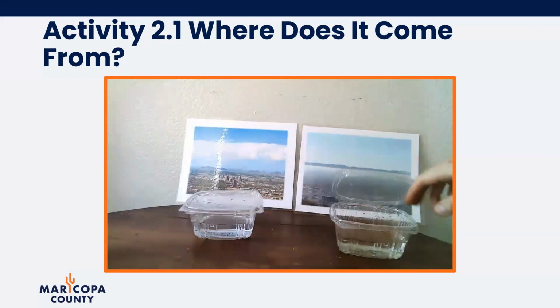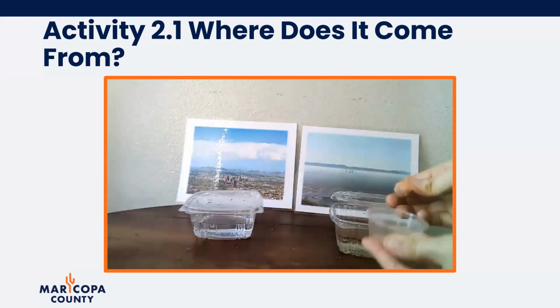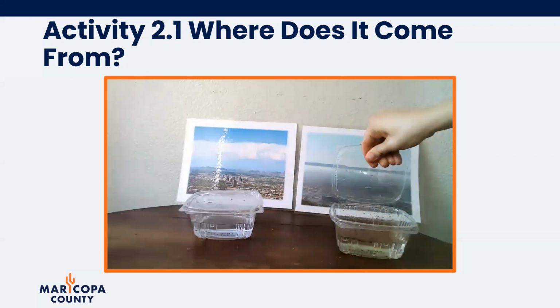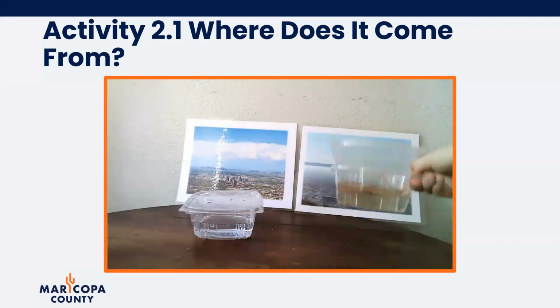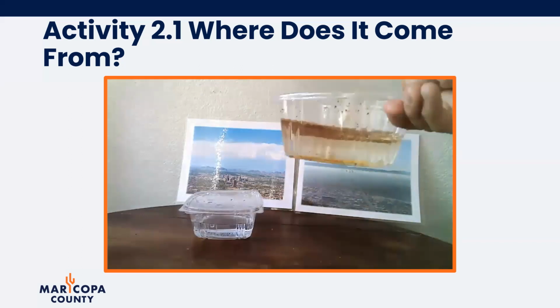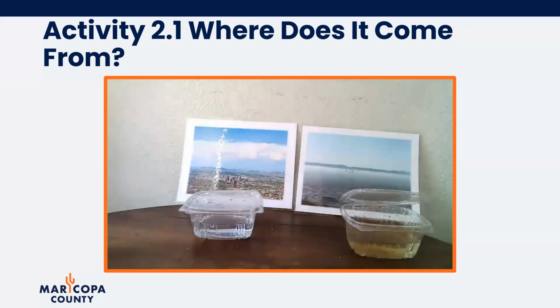Next, orange drink mix to represent car exhaust. And finally, purple drink mix to represent factory pollution.